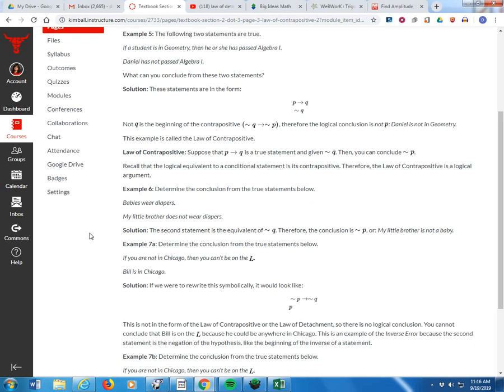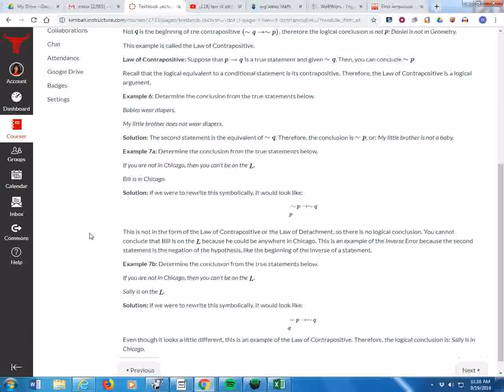Okay, so let's look at a couple of these examples for the law of contrapositive. Babies wear diapers. So how can I make that a conditional statement? How can I make that an if-then? Because I can make any statement conditional. If it's a baby, then they wear diapers. So there's my conditional. Okay?